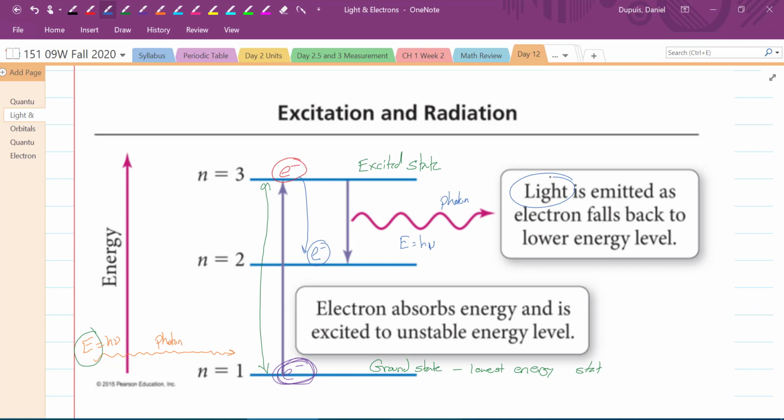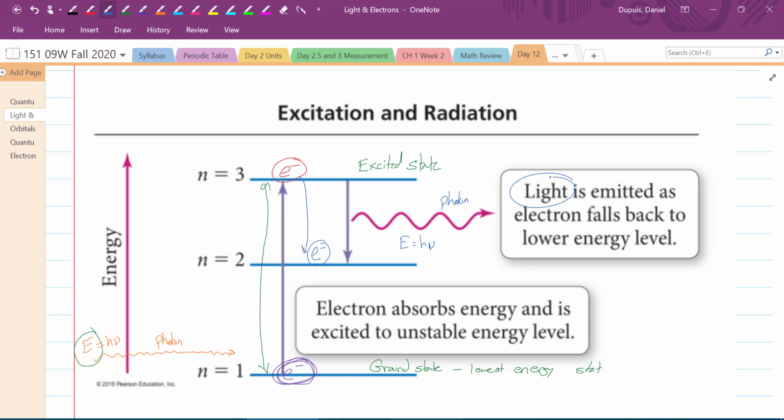Well, the electron, when it goes from a lower energy level to a higher energy level, it needs more energy to get up there, just like you need to swing your rope faster around your head. And then when that electron comes back down, it can lose some of the energy, and that's what we see as an emission.